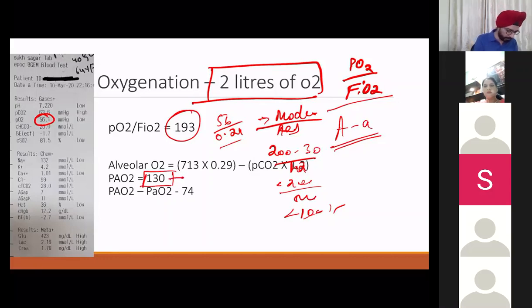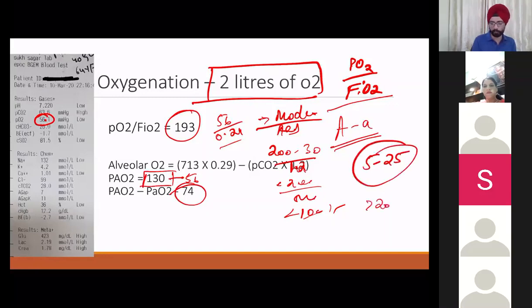We know that the arterial oxygen is 56, so 130 minus 56 comes out to be 74. And remember, the normal value of the alveolar arterial gradient is 5 to 25, and anything above 20 is generally considered as hypoxemia. So we got a value of 74, and this patient has severe hypoxemia. So both the formulae come out in favor of hypoxemia in this patient.